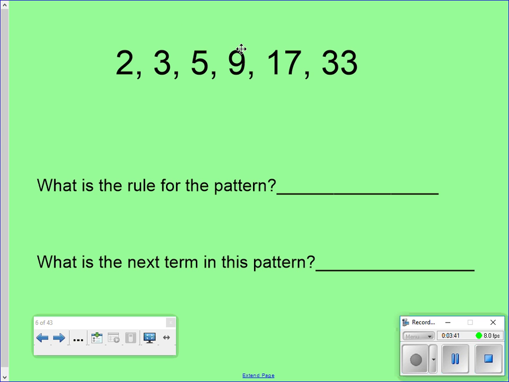So I just found that the pattern is taking the term times 2 and then subtracting 1, because 5 times 2 would be 10, subtract 1, 9. 9 times 2 would be 18, subtract 1, 17. So what would the next term in the pattern be? Well, 33 times 2 is 66. Subtract 1 would be 65.